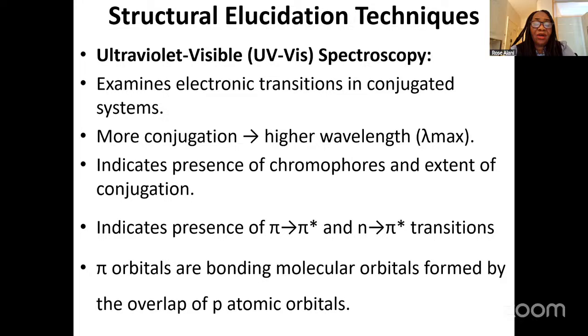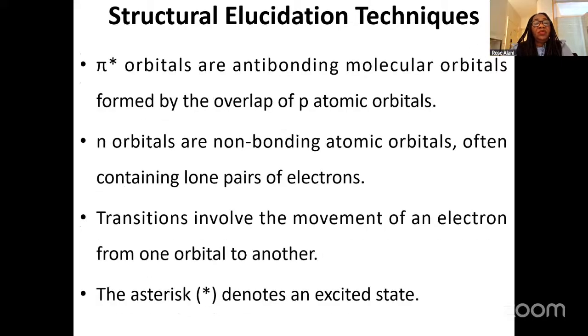The pi orbitals are bonding molecular orbitals that are formed by the overlap of p atomic orbitals. And you have your pi star, the excited pi orbital, as the antibonding orbital that is formed by overlap of p atomic orbitals.